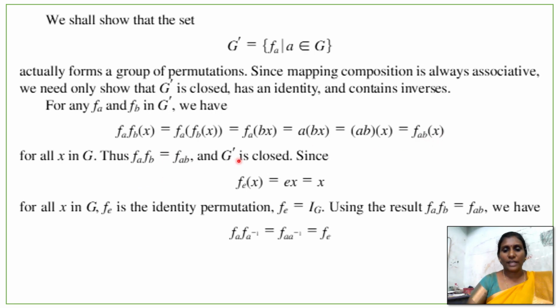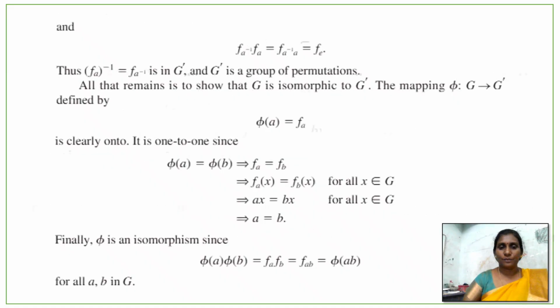Thus we can observe that G dash is closed and f_e is the identity permutation. Also f_a composed with f_a inverse is equal to f_e. We can observe that f_a the whole inverse is equal to f_a inverse in G dash. Hence G dash contains the identity element and inverses and also it is closed. So it is a group of permutations.